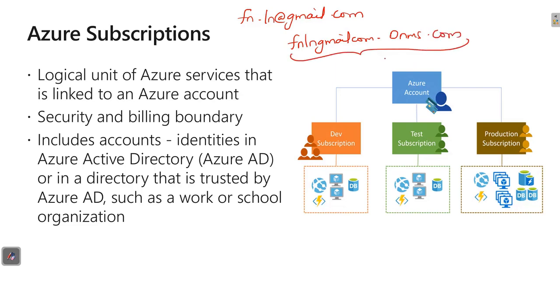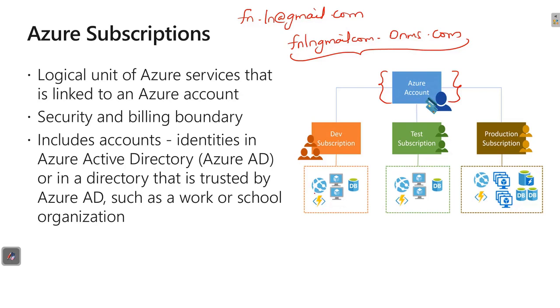And under one tenant, I can have multiple subscriptions. In this picture, this is my email ID through which I'm creating a Microsoft account. Under that, I can have multiple subscriptions, and from one subscription, I cannot see the resources of another subscription. I can migrate. Under an account, I can have multiple subscriptions.